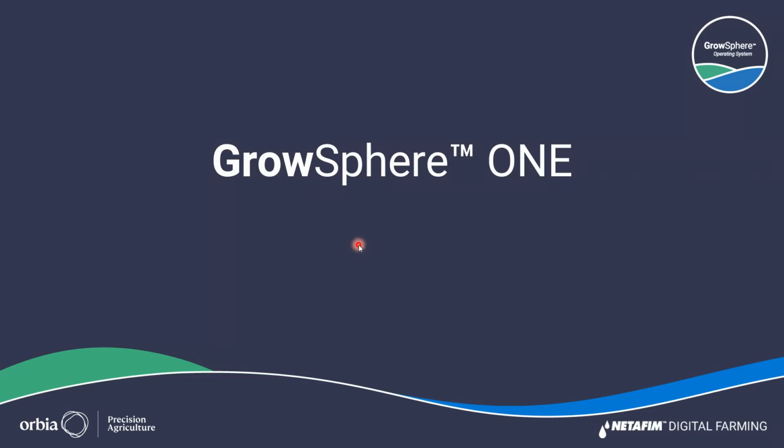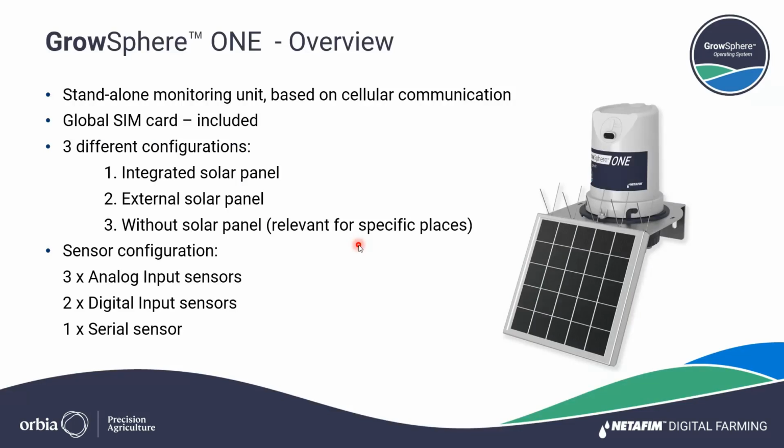Okay, so this was the basic, and now let's move to the One. The One is a standalone monitoring unit based on cellular communication. It means that before you decide that you wish to work with the cellular-based device, you have to make sure that you have full cellular coverage. This is the basic.